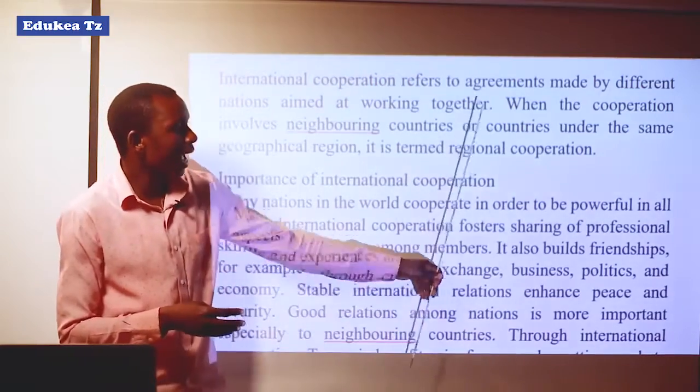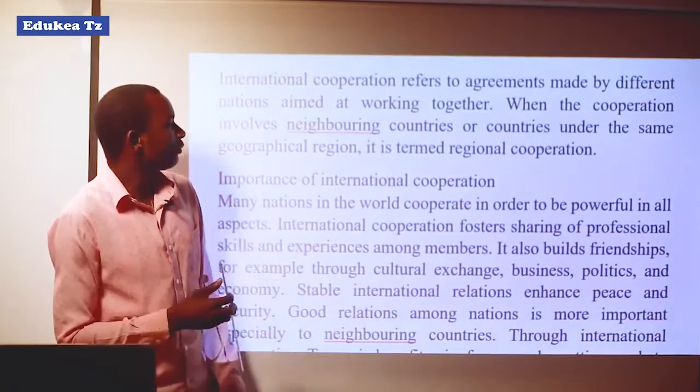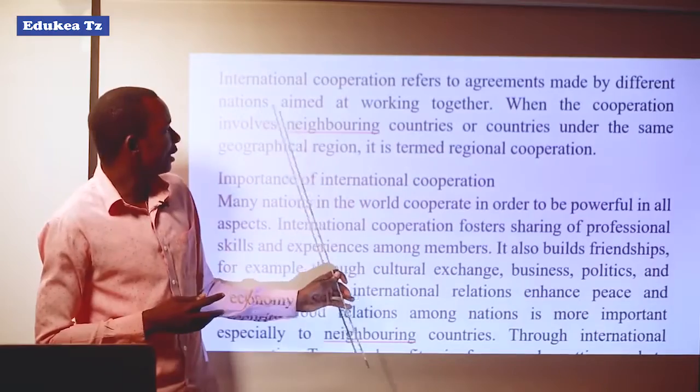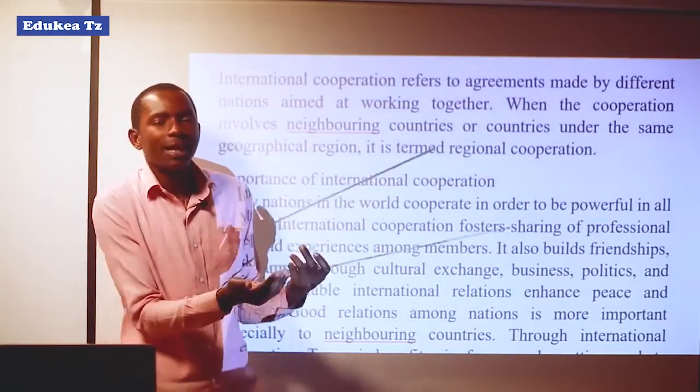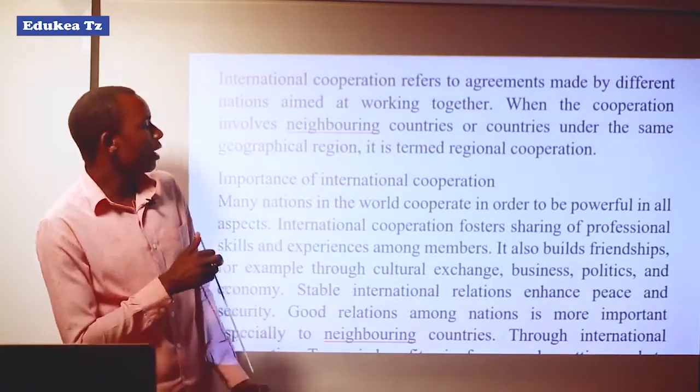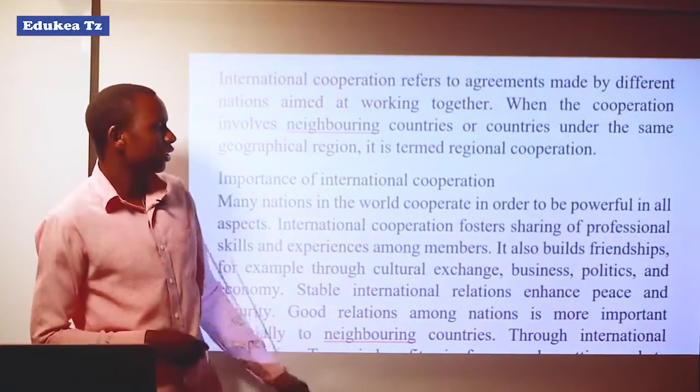These are agreements made by different nations which live together or are located in the same geographical area.